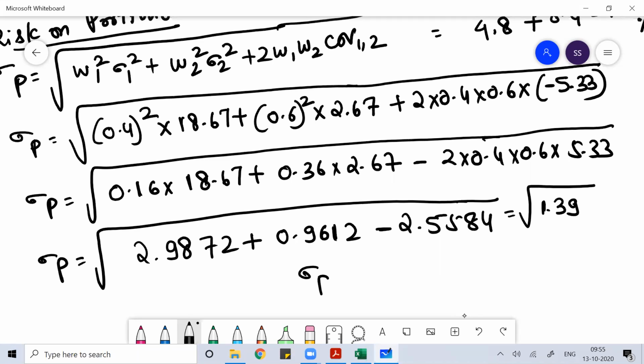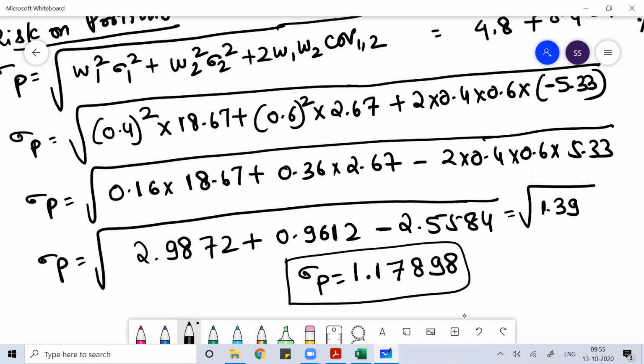So the standard deviation of the portfolio is root of 1.39, that means 1.17898. This is the standard deviation of the portfolio. So by this you get the answer.